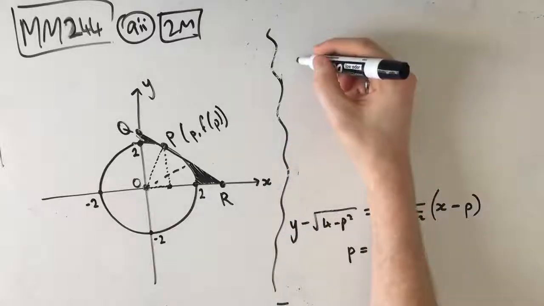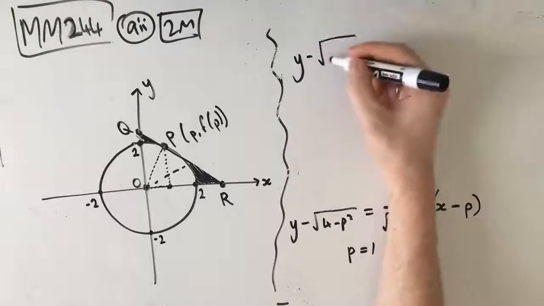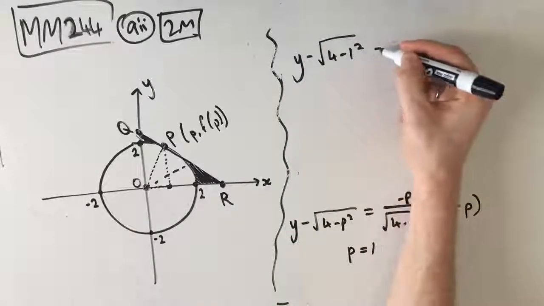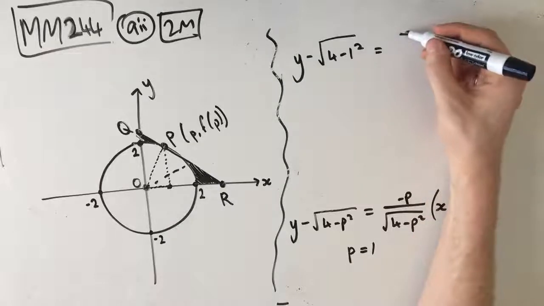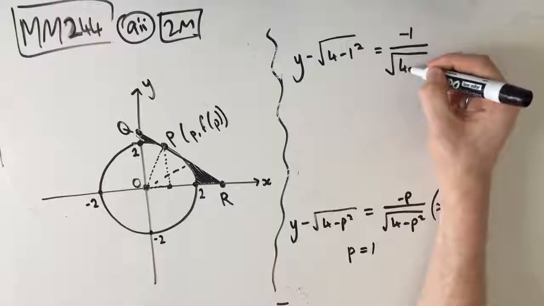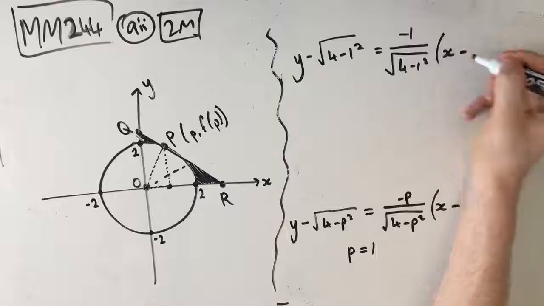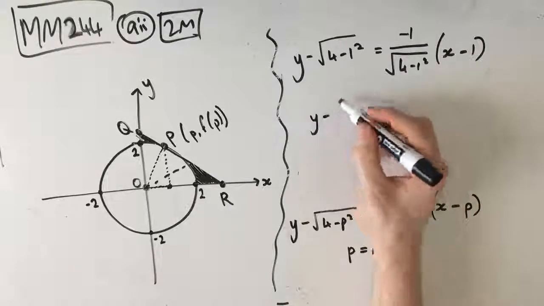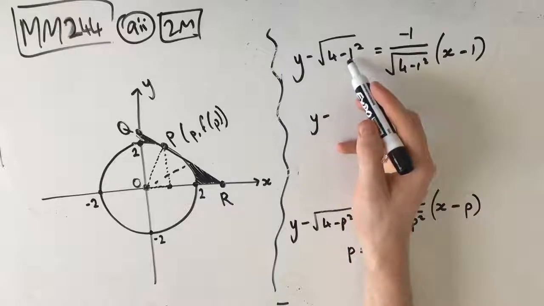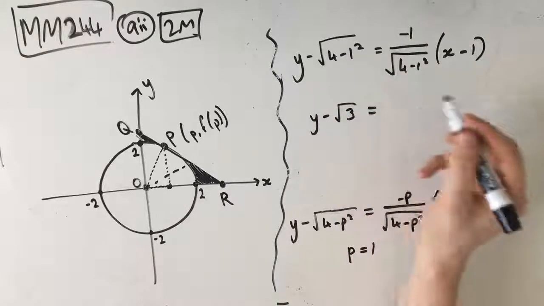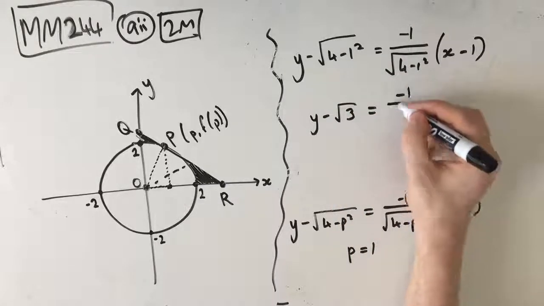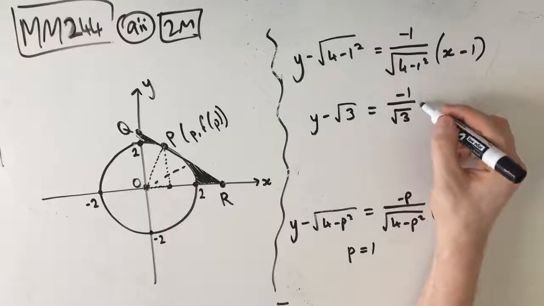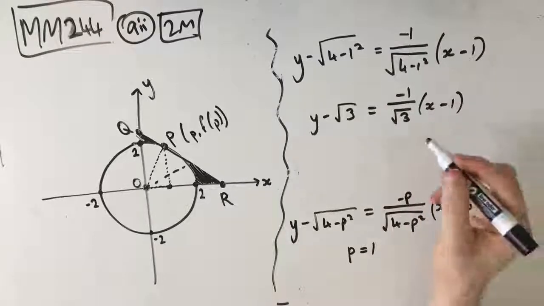So y minus root 4 take 1 squared, because p is 1, equals -1 over root 4 take 1 squared outside of x take away 1. Awesome. So from here, the square root of 4 take 1 is root 3. So y take root 3 equals -1 over root 3 outside of x minus 1.